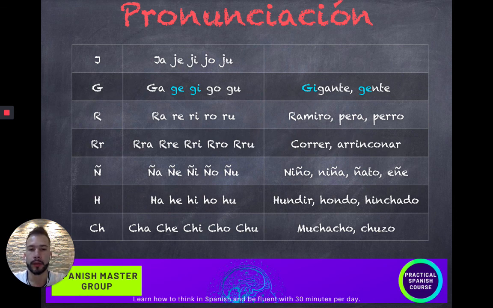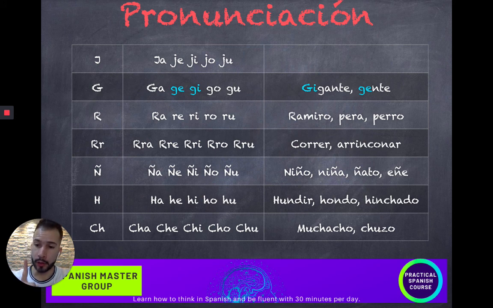So, let's see some examples. With the light sound, there's a trick you need to know. Whenever you see a word that starts with just one R, it is a strong sound. Ramiro, as you can see, is a name in Spanish.